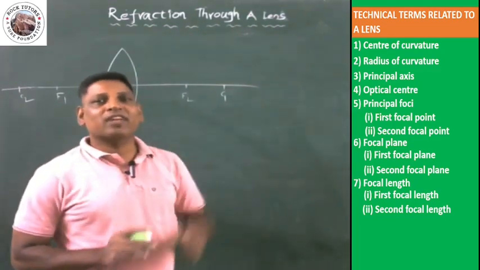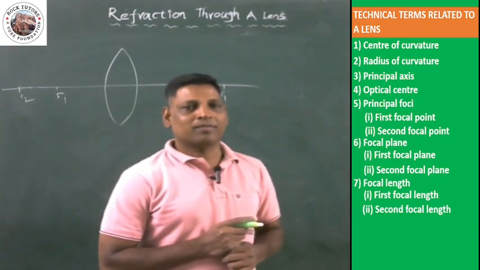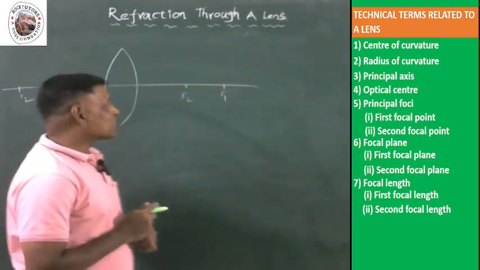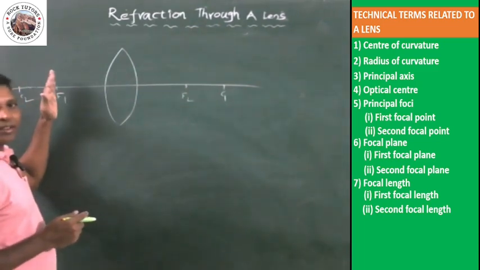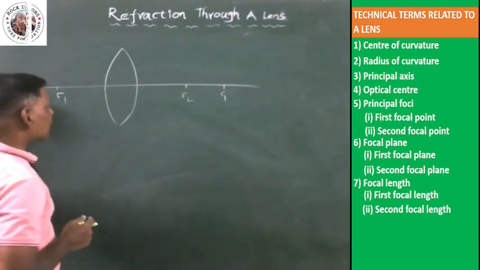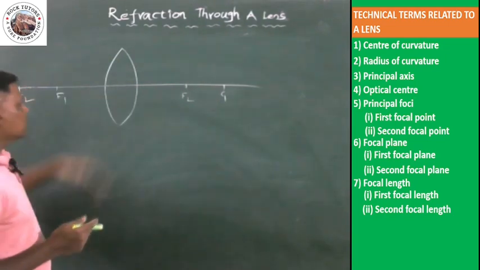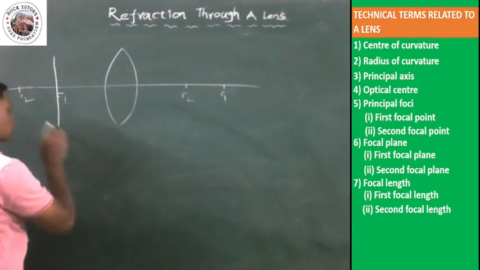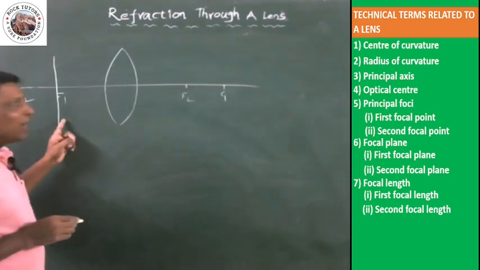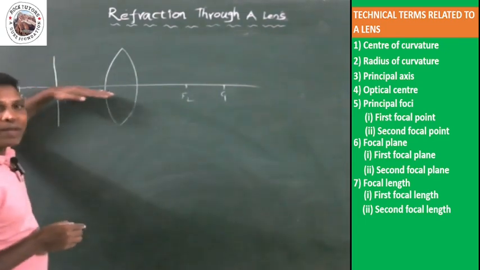An imaginary plane passing through the focal point and perpendicular to the principal axis.